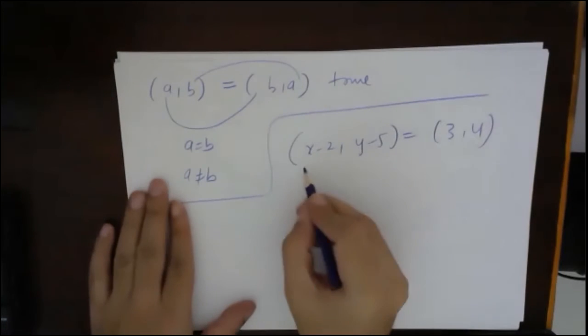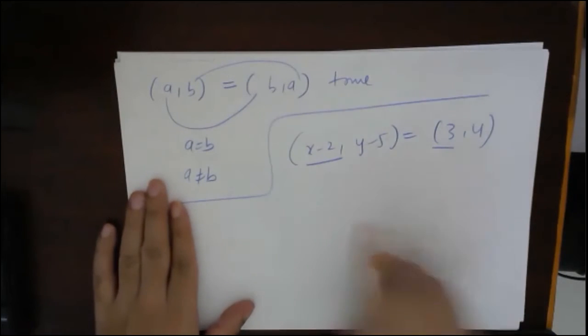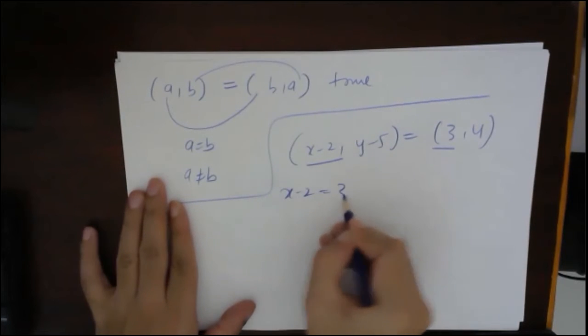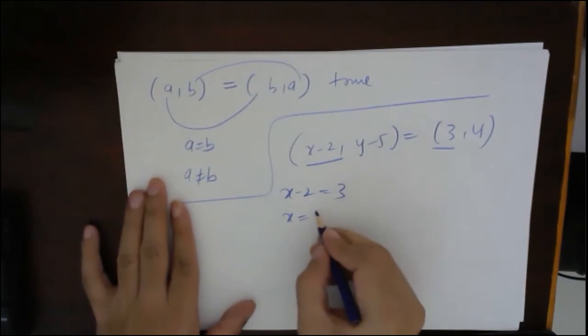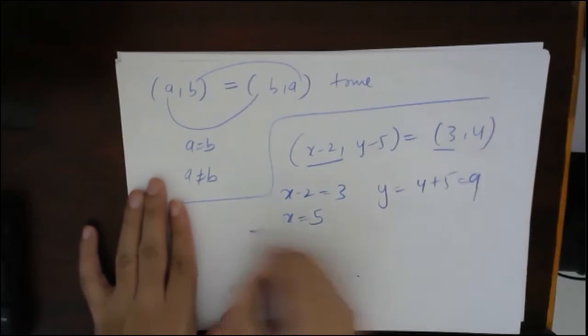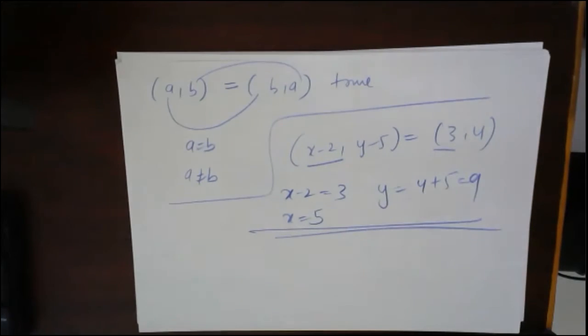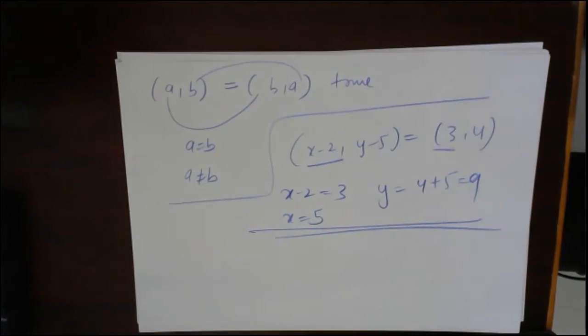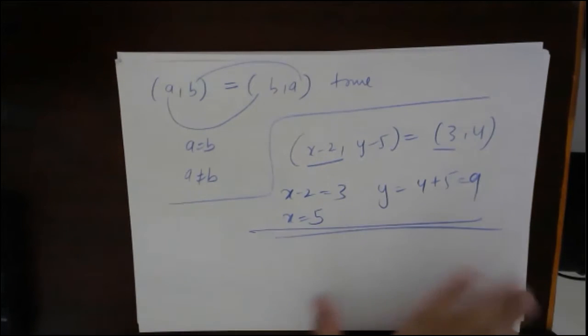Very good, excellent. So what I will do, I know this is equal to this because this is an ordered pair. So x minus 2 is equal to 3, so x is equal to 3 plus 2, which is 5, and y is equal to 4 plus 5, which is 9. Okay, so I hope all of you understood the meaning of ordered pair and why an ordered pair is called an ordered pair.